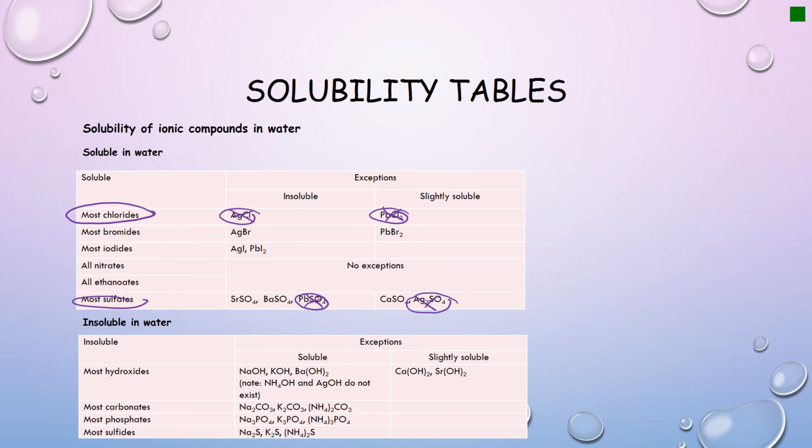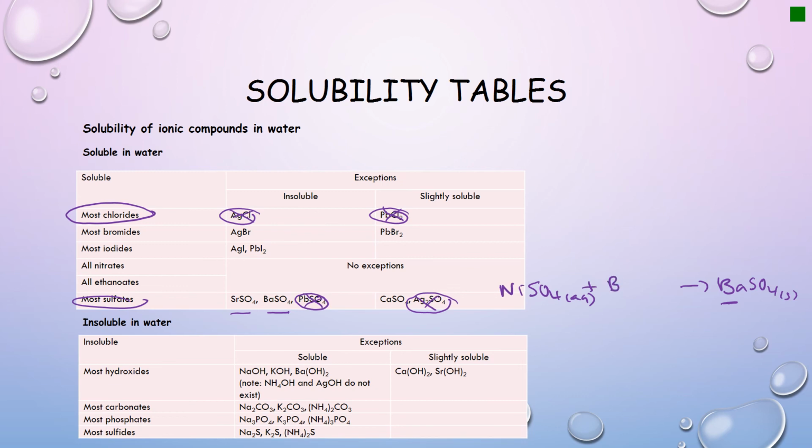So we either want to make strontium sulfate or barium sulfate. I always like to make barium sulfate. So if I wanted to make barium sulfate from my nickel sulfate, I've already got nickel sulfate. So the sulfate's already provided. I want to make barium sulfate, so I need a barium ion.